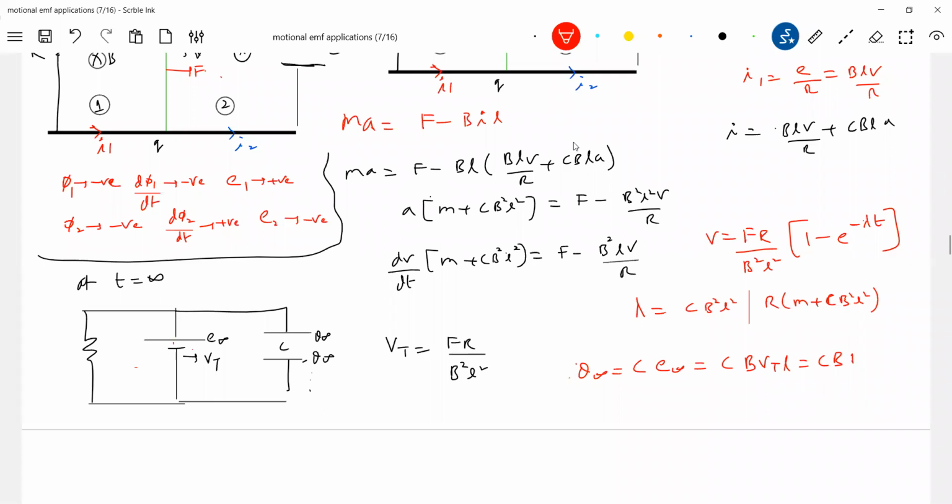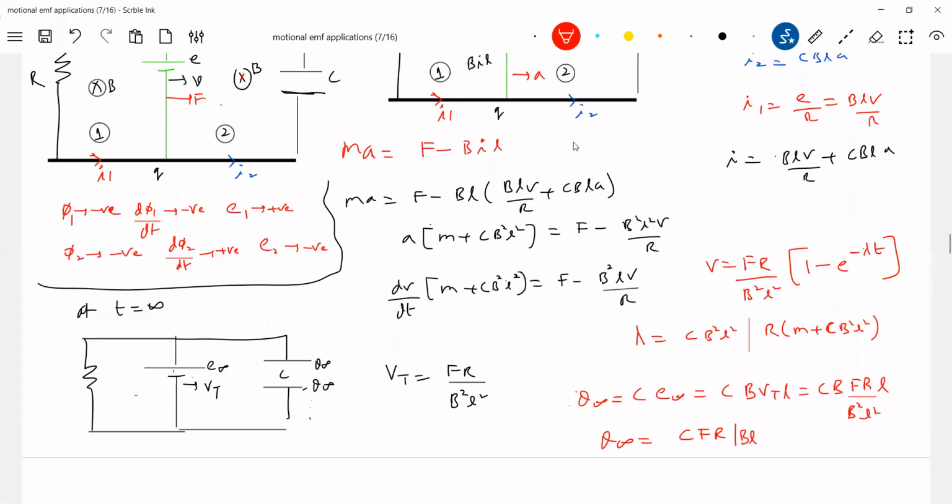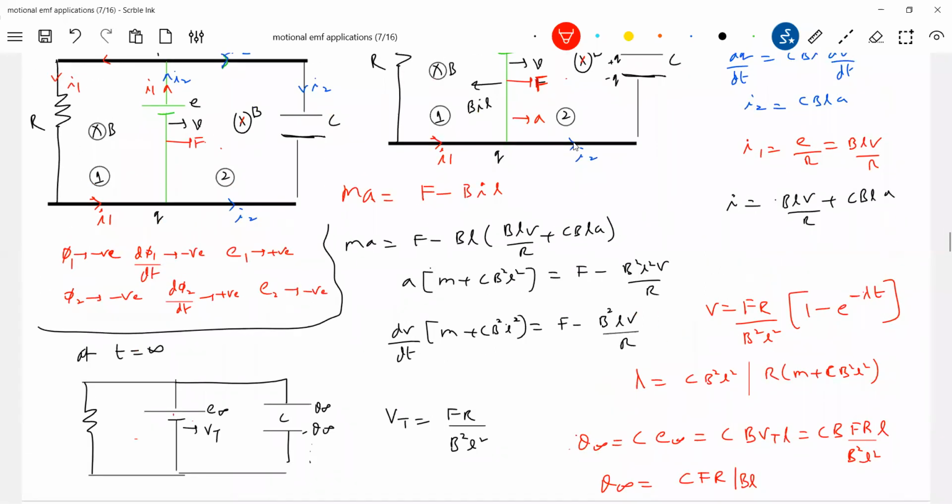CB VT is FR by B square L square into L. Q infinity is equal to C FR by BL. So this is the charge stored after long time. Now, if the charge is constant, current will be zero, no? I2 will be zero because I2 is what? As long as charge flowing through capacitor is varying, the current I2 will flow.